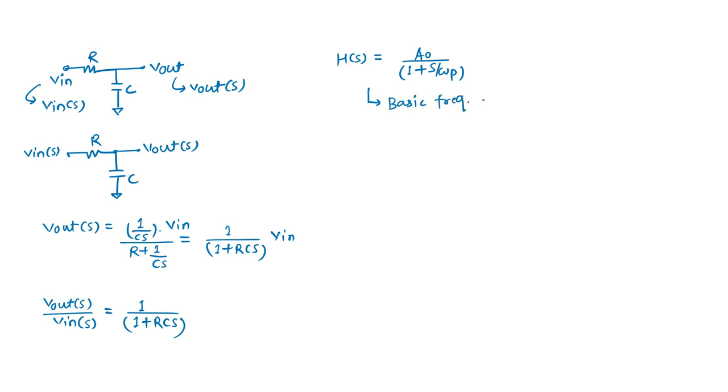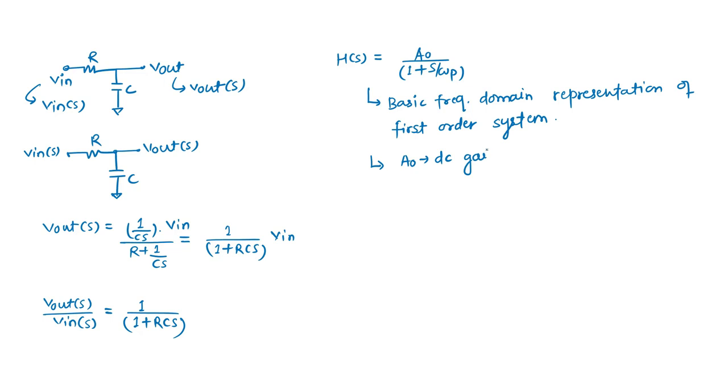I will not discuss the order now; we will discuss it separately. So what is this A naught? A naught is my DC gain. What is omega p? It is the pole frequency. We will discuss the pole frequency and DC gain later. As of now, just understand what I am writing.